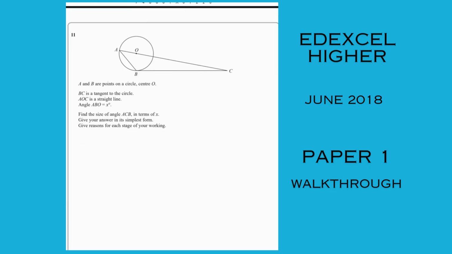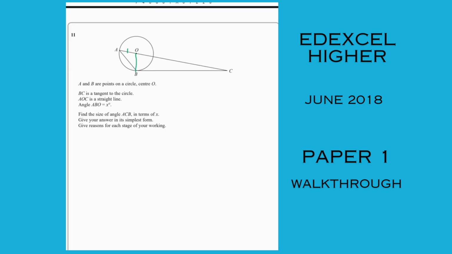Number 11. So it says give reasons. Now I have listed them out extensively on my worked answers, so go to the website to have a look at those. Here I just talk through them. So the first thing to notice is if you draw on, always look for isosceles triangles on these questions.